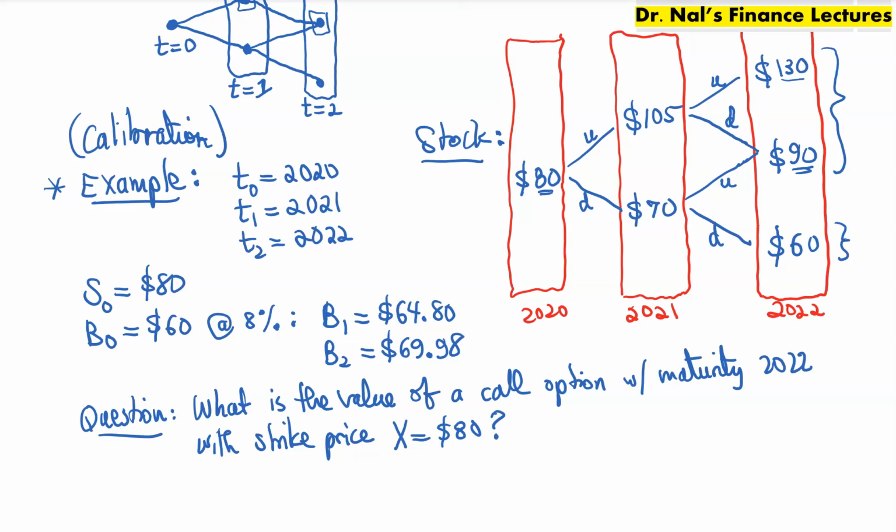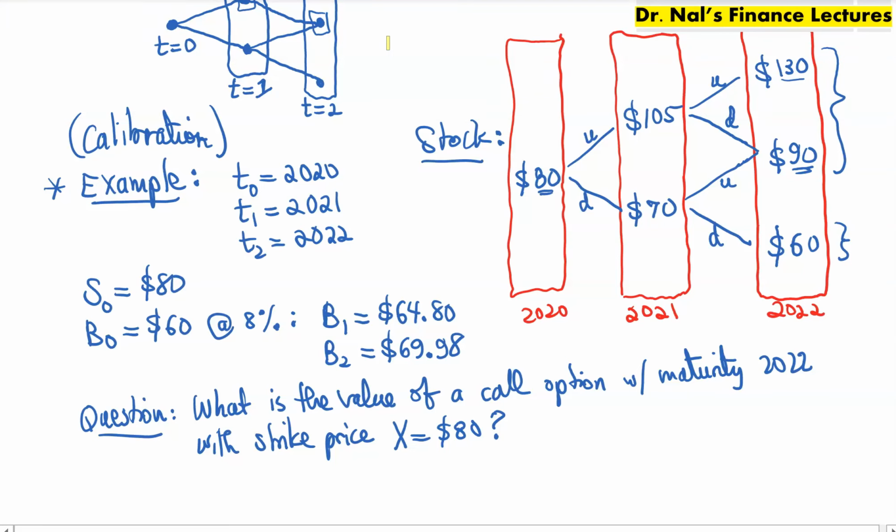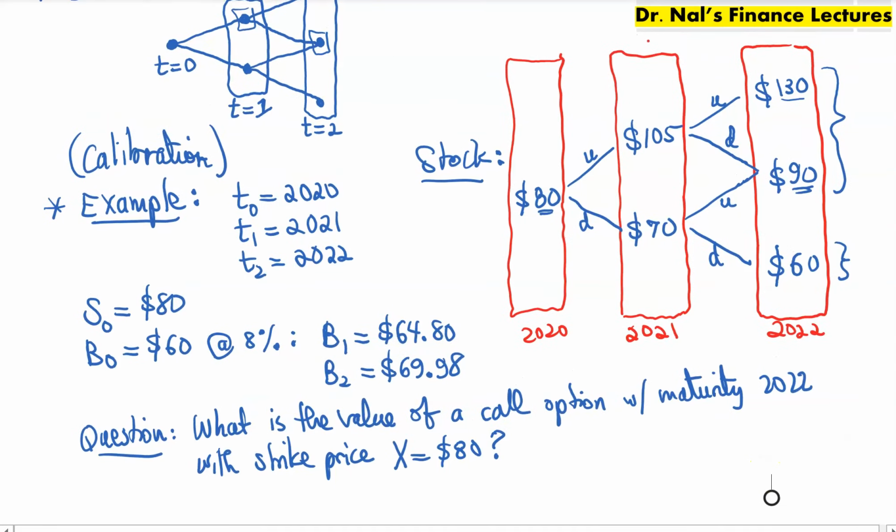And for that, the standard method to solve these types of multi-period questions is to go backwards. You can call it backwards induction. All right, so the way I will do it is the following. And I argue this is the simplest way of doing it. There might be some other ways, but this way really works nicely.